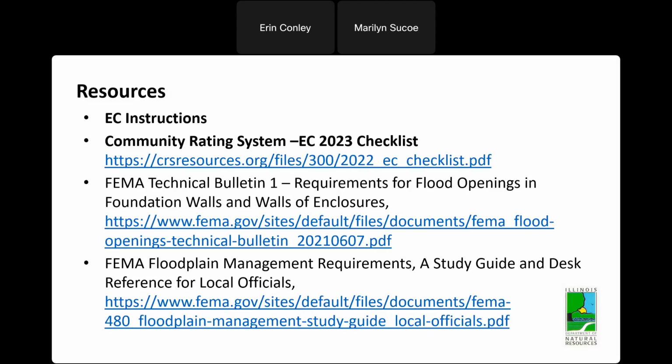There is a checklist, which I'm going to be referring to throughout this presentation, and it's for use for anyone. Clearly, if you're in CRS, you should be using this checklist so that your EC reviews ensure a compliant elevation certificate.